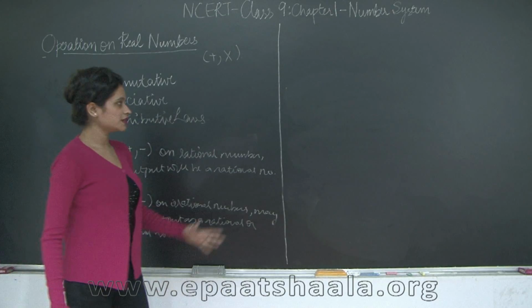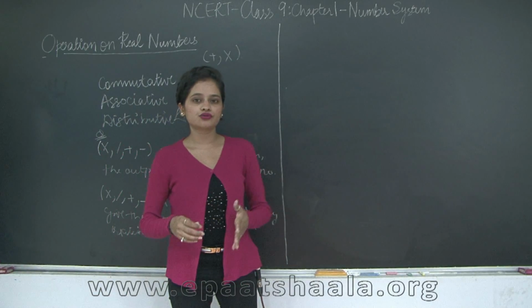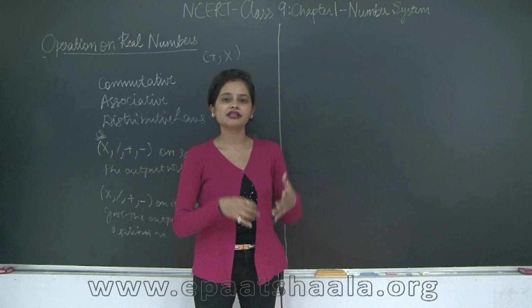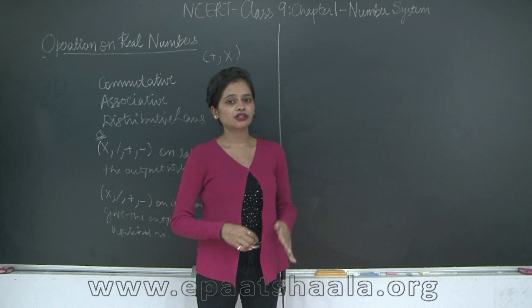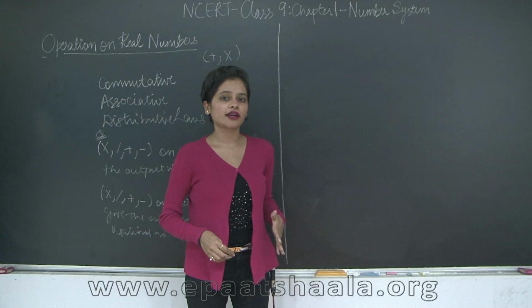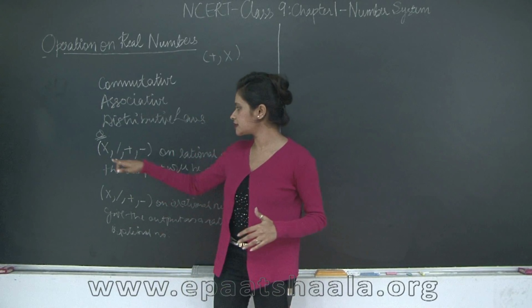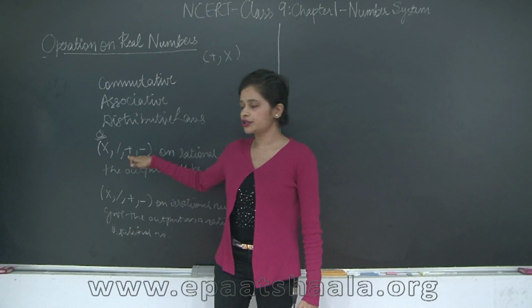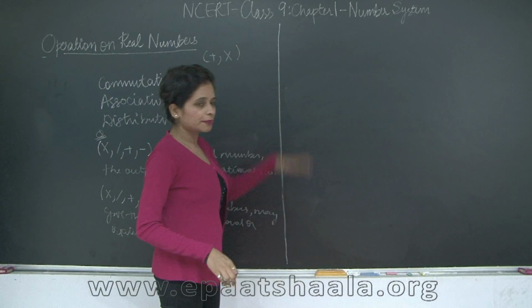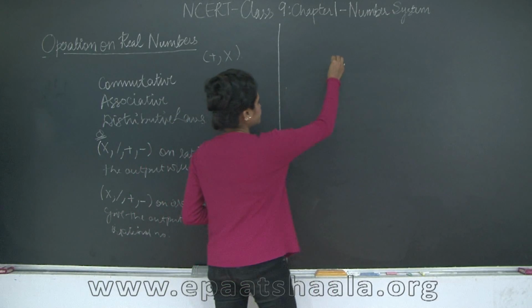So what we'll do now is we'll just draw a table wherein I will take two rational numbers, two irrational numbers and a combination of rational and irrational numbers, and then we'll see what our outputs are for the different signs, which is multiplication, division, addition and subtraction. Okay, so let me just quickly draw the table for you.